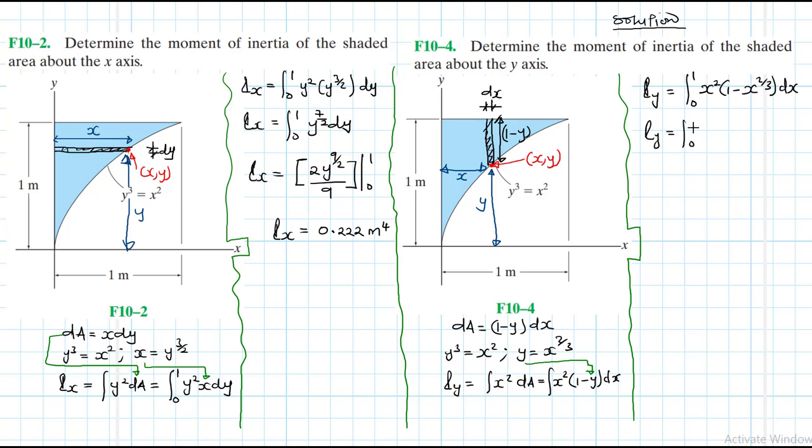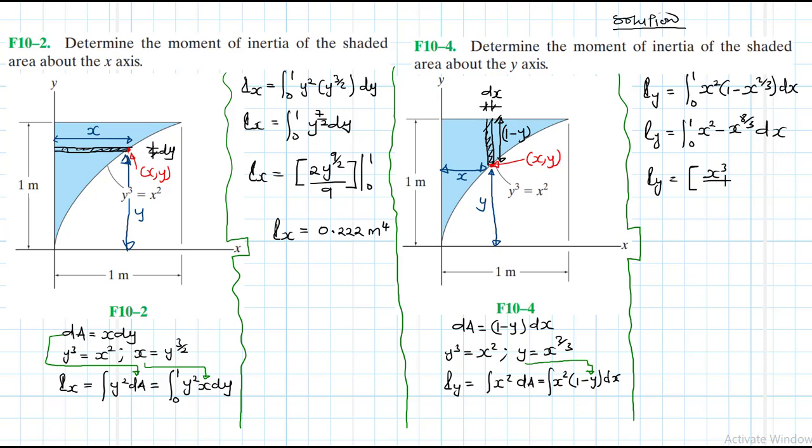Expanding that, we have integral from 0 to 1 of x squared minus x squared times x to the power 2/3. So this becomes 6/3, so 6 plus 2 is 8/3, dx.